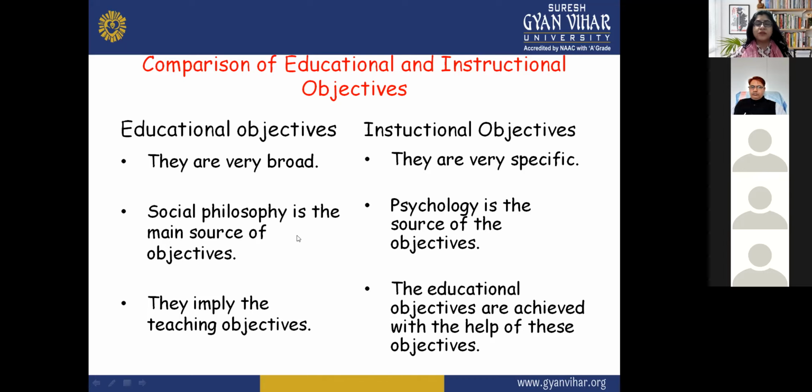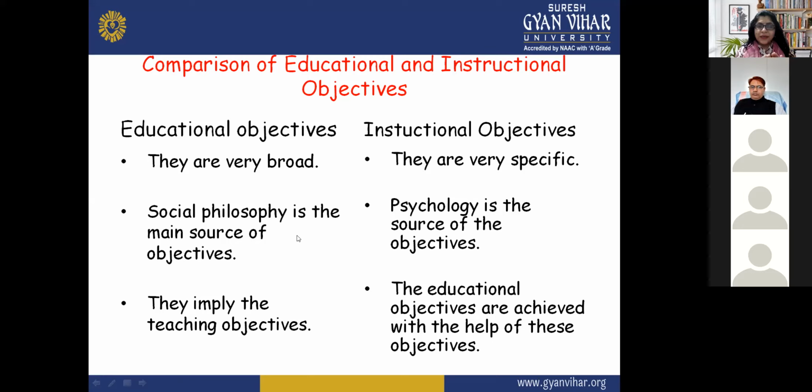So when we are talking about educational objectives, social philosophy is the main source of objectives. Social philosophy is concerned with the social aspects of the children, that whatever knowledge you have taught, they are applying it in their real life situations also, and life is related to social well-being also.